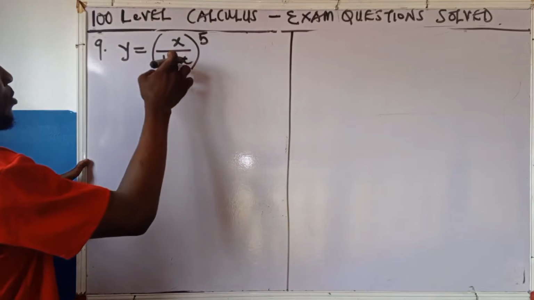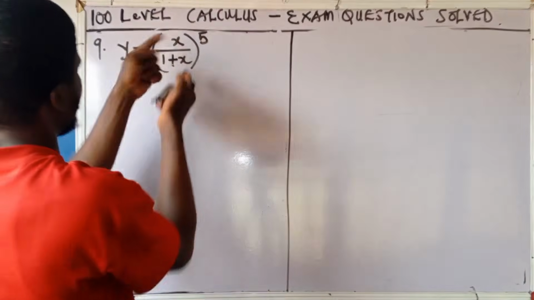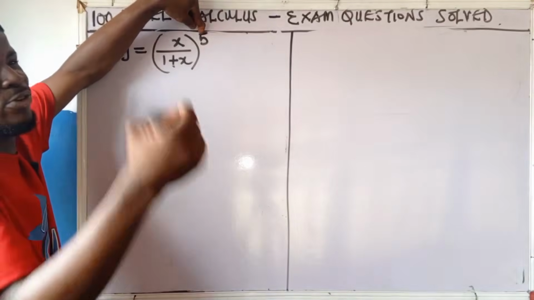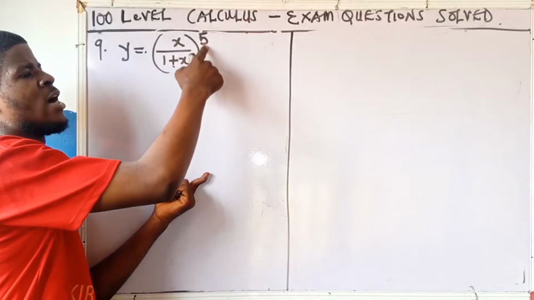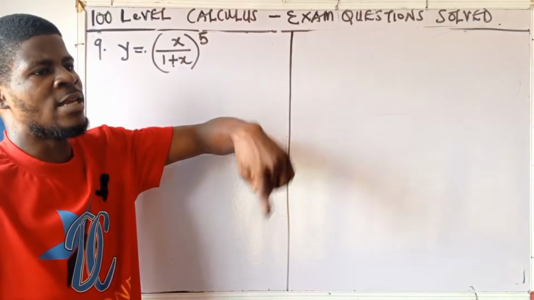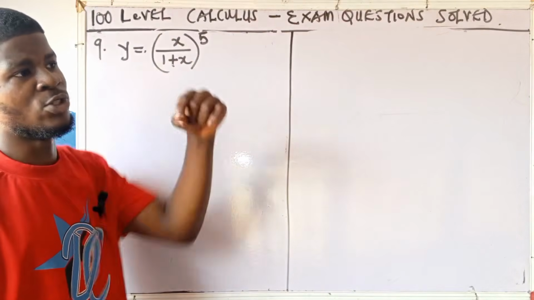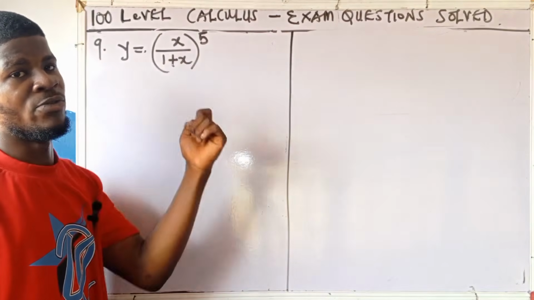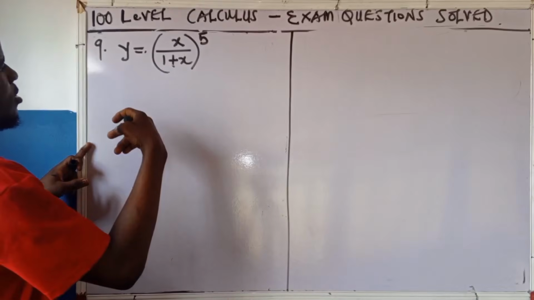Look at it. This is x over 1 plus x. That's already a quotient. But everything is raised to the power of 5. That makes it a function of a function. Inside the power function, which is raised to the power of 5, there is a function in terms of x, which is rational. And we use the chain rule for such derivatives of functions of functions.